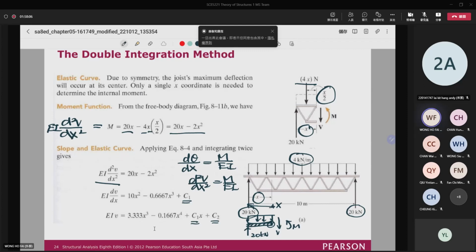Now when X is equal to 0, then the deflection is equal to 0 for this case. And then in the other location here, when X is equal to L, L here is 10 meters, then the deflection is also equal to 0 because it is a support here.